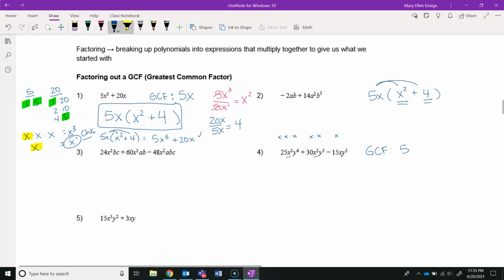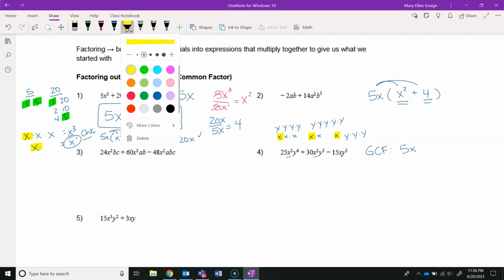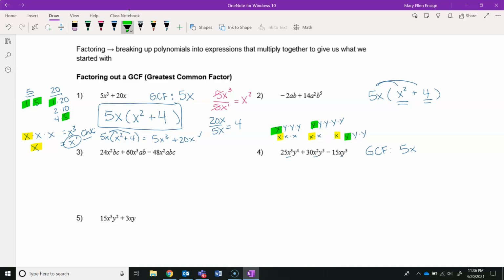So you can think about what the expansion would be, or you can just look at those exponents. If I wanted to take some of these out of there, I could take one x out of each of these, and then I'd be stuck because I'm out of x's in that last term. So I can only have x or x to the first. And then if I think about my y's, okay, now if I look and see what I can do, I can take out a y from each of those.